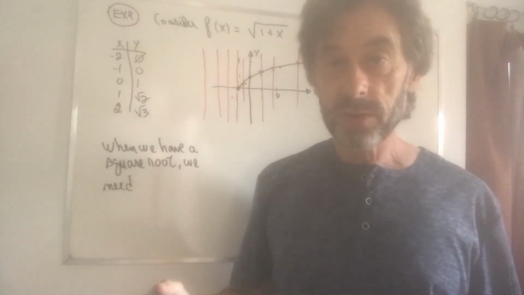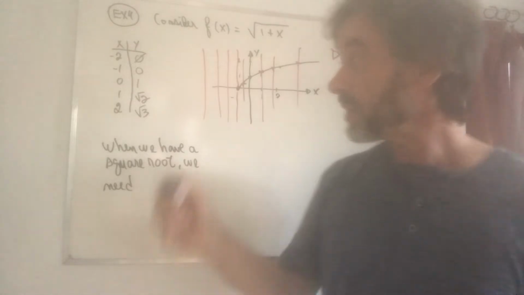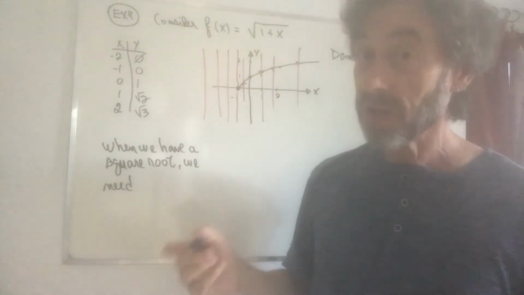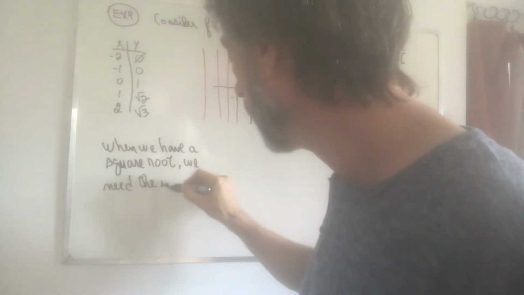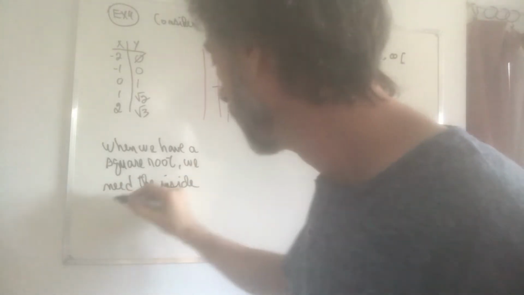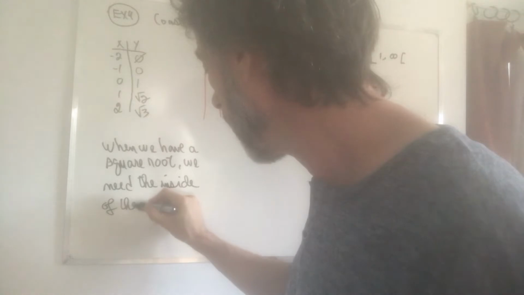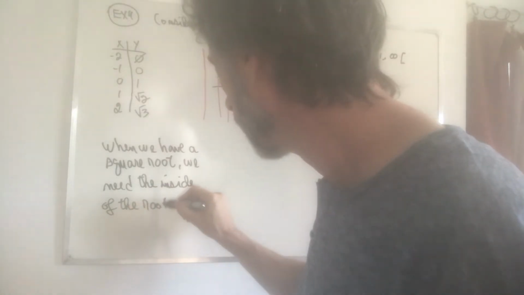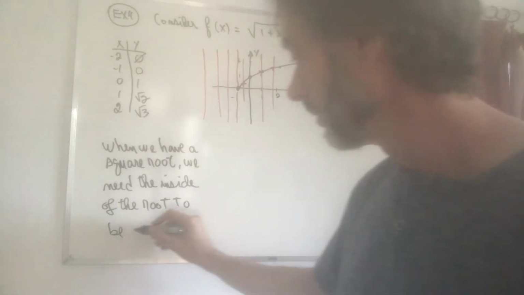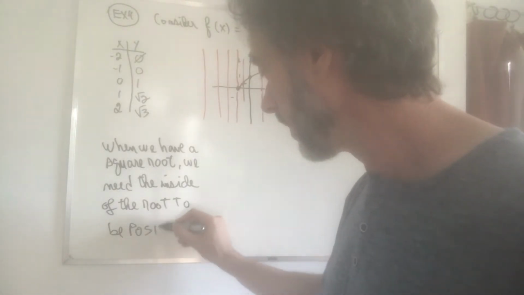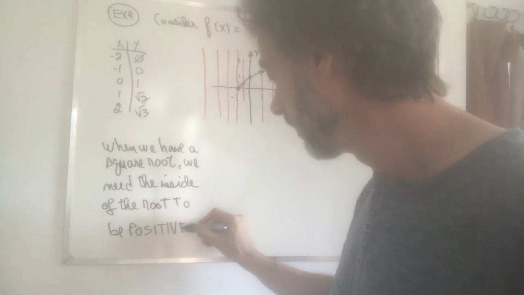We need the x values to be such that the inside of the root is never negative, right? We need the inside of the root to be always what? Positive, right?